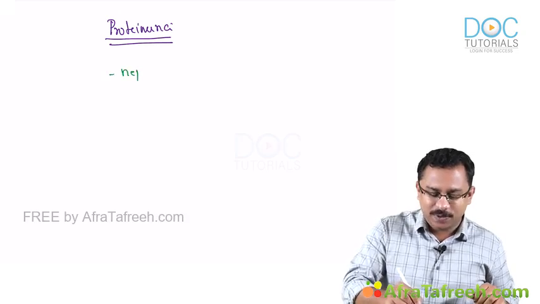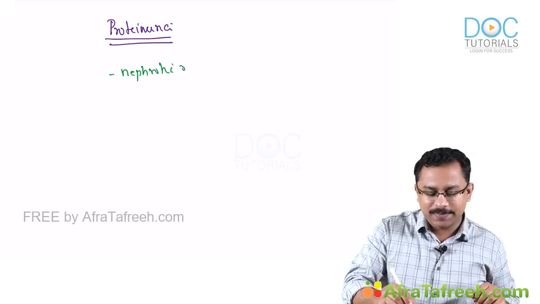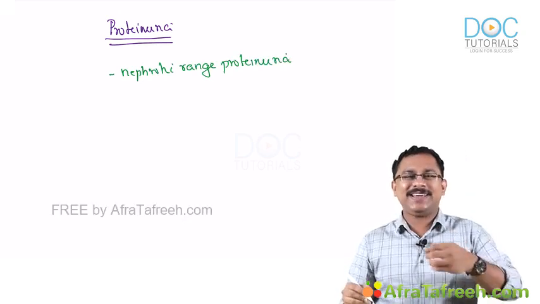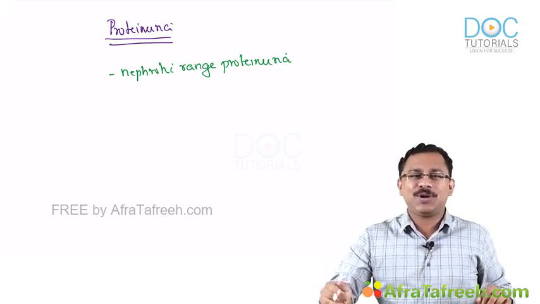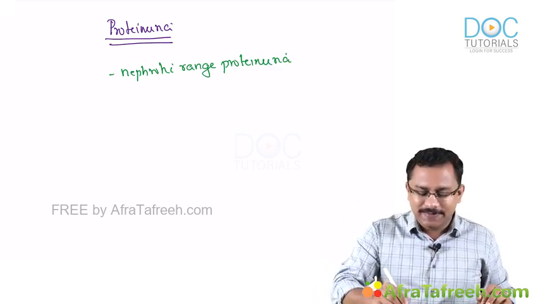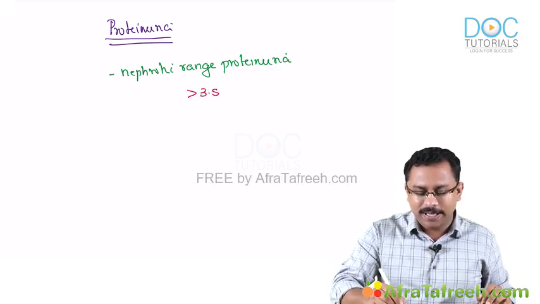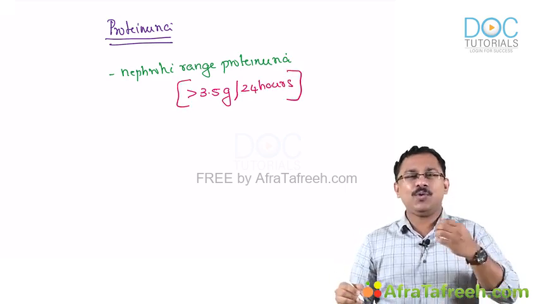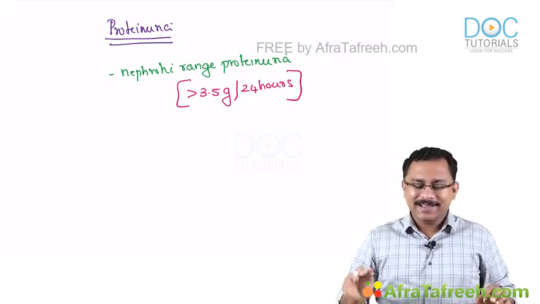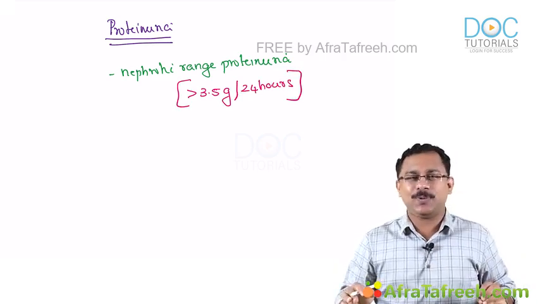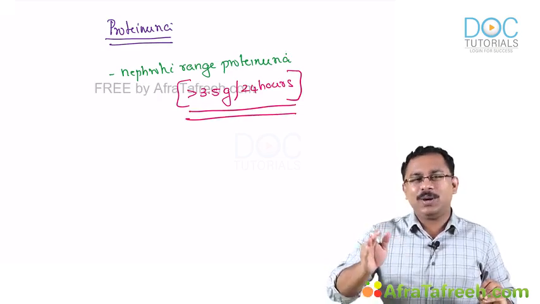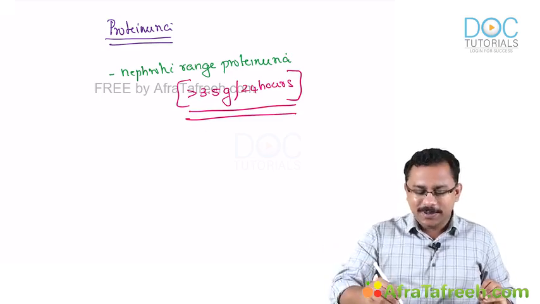That means a very significant proteinuria, and quantitatively we say more than 3.5 gram of protein per 24 hours, that is per day. If you have a proteinuria of more than 3.5 gram per day, that is when you say there is a nephrotic range proteinuria.